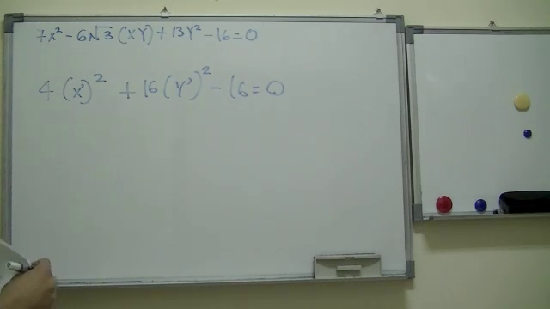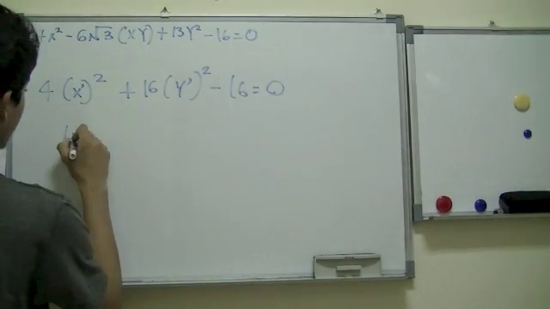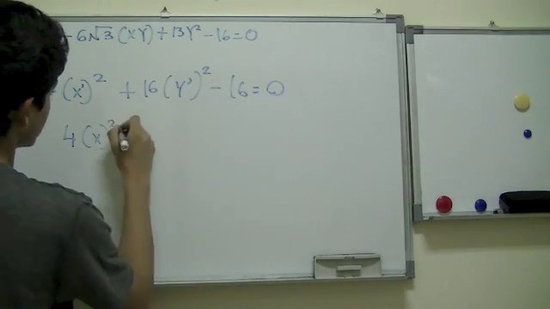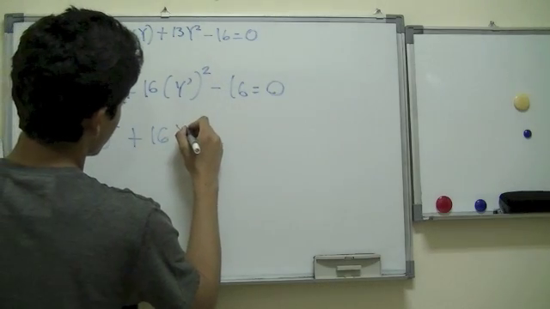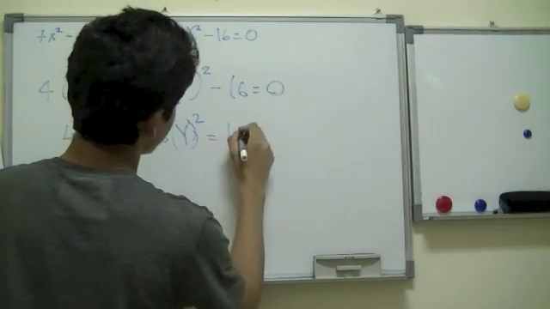Then what we can do is move this 16 over here. That would basically be 4 x prime squared plus 16 y prime squared is equal to 16.